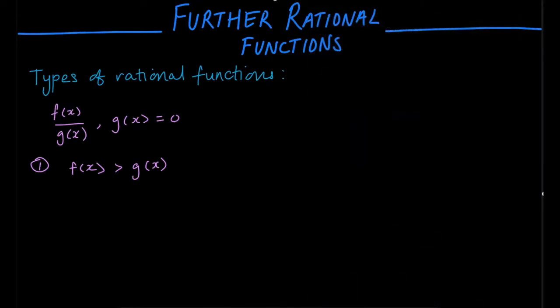This would mean, for example, x cubed over x: the degree of f of x, the top polynomial, is 3, and in the denominator it is just 1. So that's the first kind of rational function.